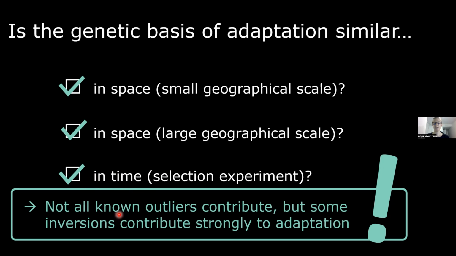But we also find that not all the known outliers contribute to adaptation. So it seems like potentially some subset of inversions and outliers is enough to generate the full phenotypic adaptation that is necessary on that little island to withstand wave action.